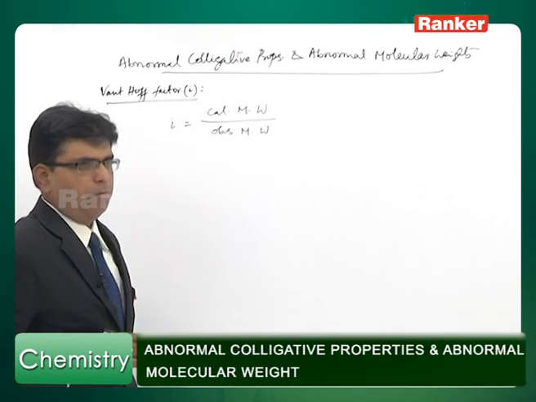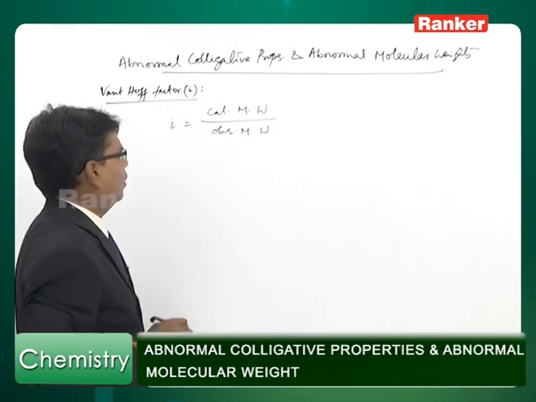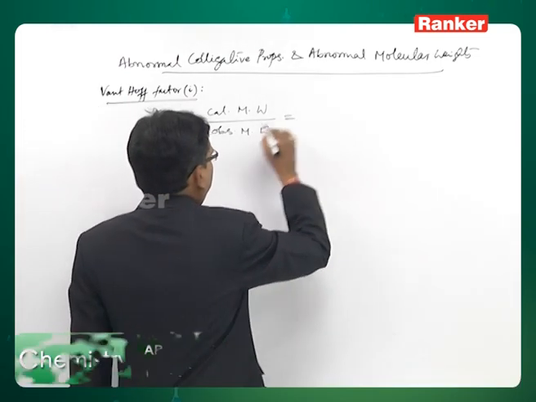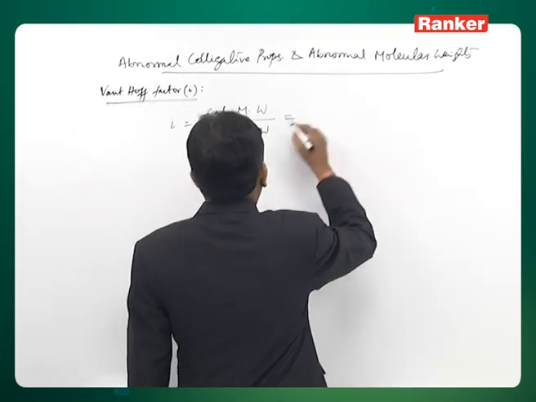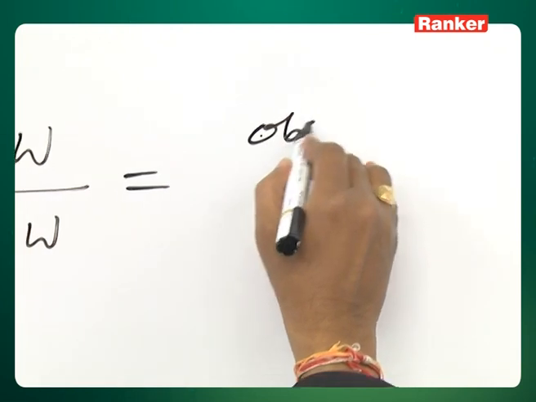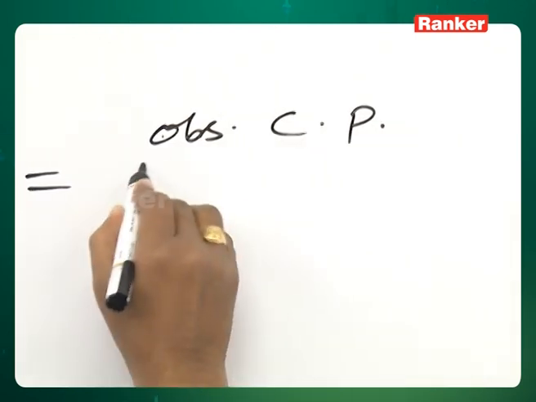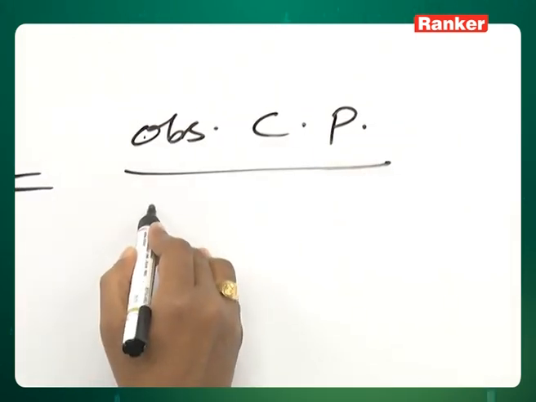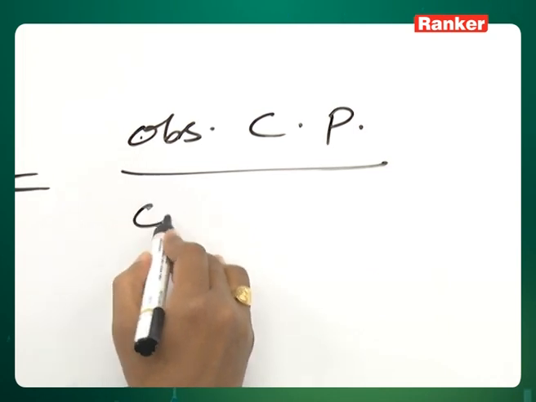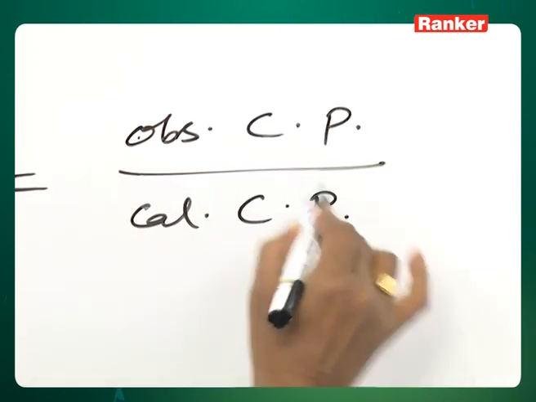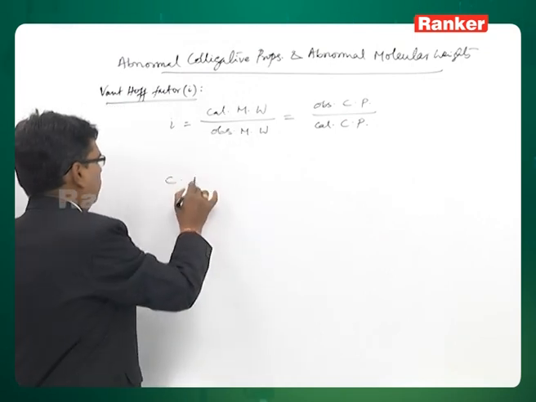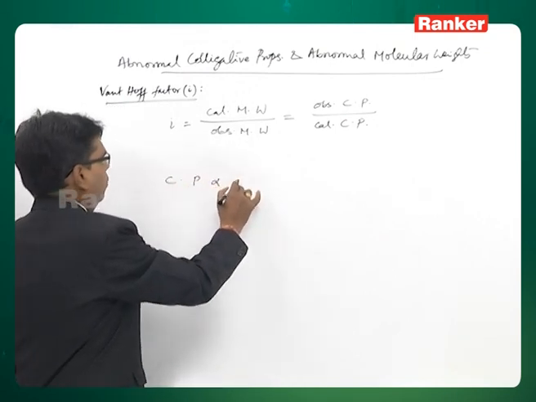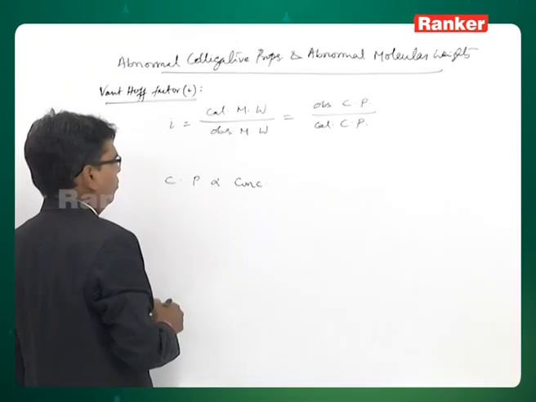Calculated or theoretical molecular weight of the solute divided by observed molecular weight, which is otherwise also equal to the observed colligative property by theoretical or calculated colligative property, because colligative property is proportional to concentration.